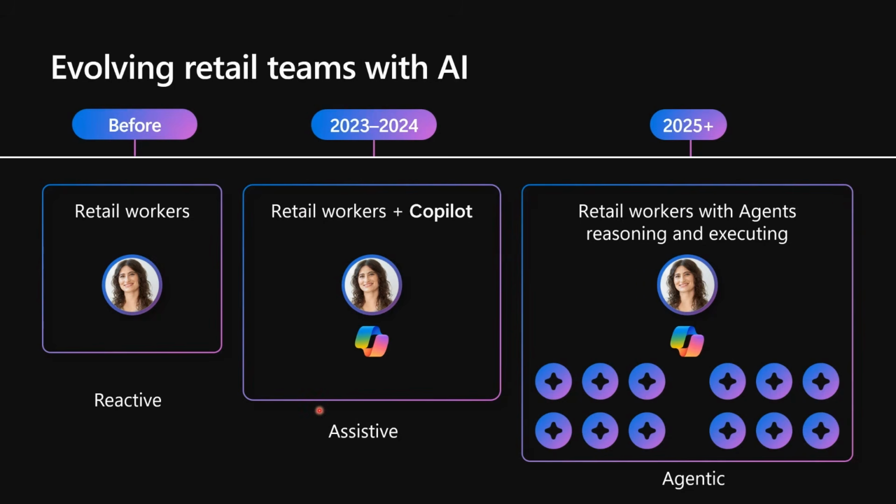But we are here today where we expect retail workers to have agents at their disposal who can reason and execute on their behalf as well. And that's the journey we're going to be focusing on today.